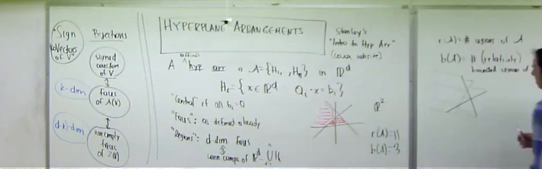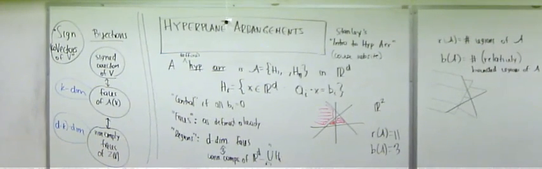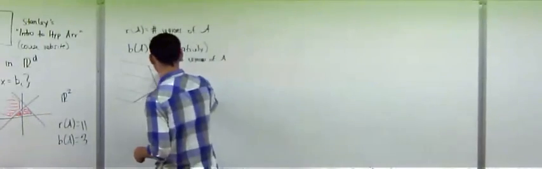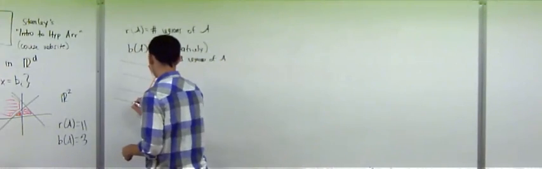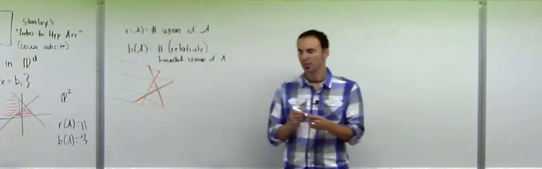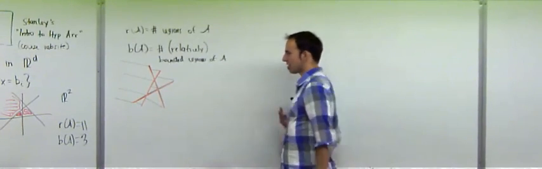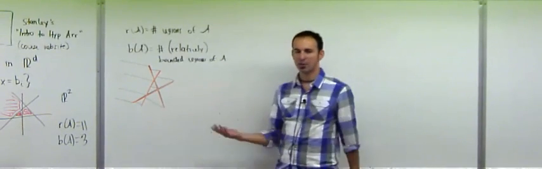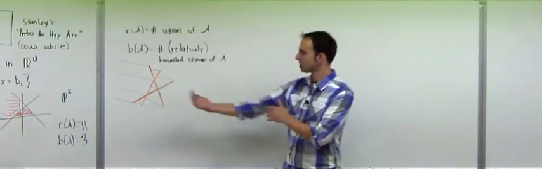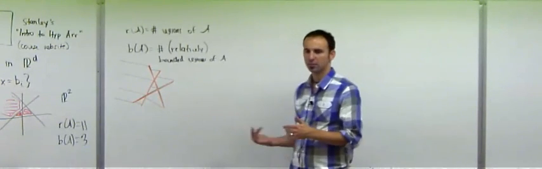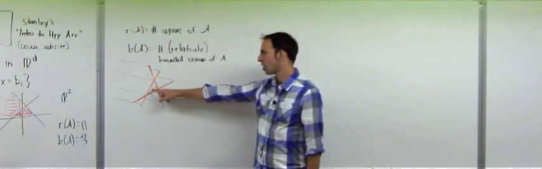Can you kind of see that? So then the arrangement that I had earlier was a slice of this one. If you slice this arrangement with a plane, then you get the one that I had drawn earlier. Now the thing is that this arrangement doesn't really have any bounded regions because everything has this extra direction that you could walk onto indefinitely. But I want to count this as a relatively bounded region.